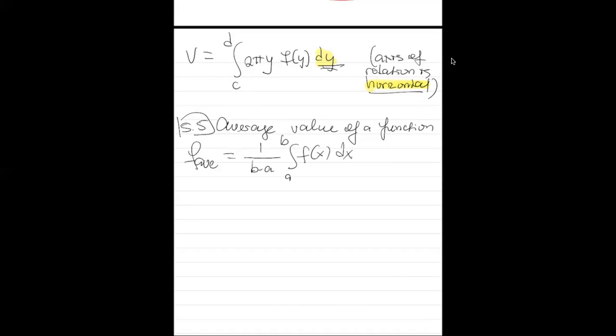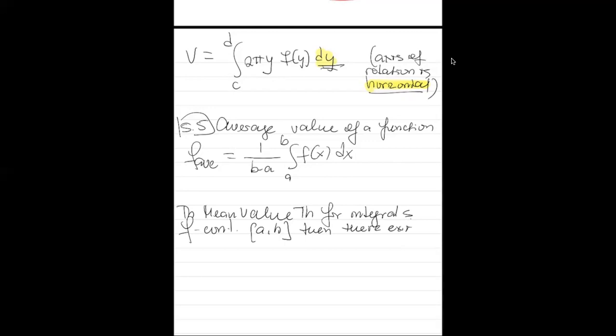And then we had another theorem called mean value theorem for integrals that says that if f is continuous on some interval from a to b, then there exists some number c in the interval such that f of c, the value of the function at that point c, is equal to the average value of the function.